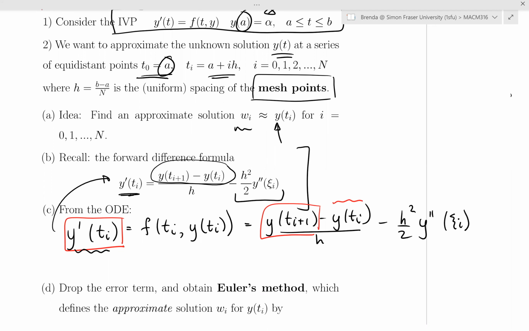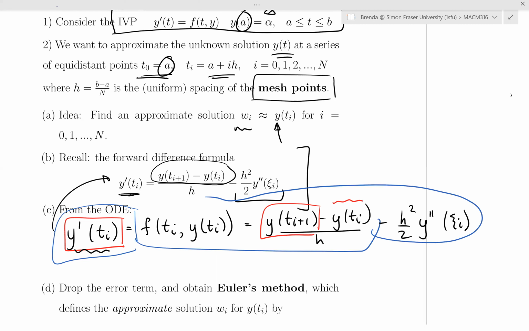So what I'm doing now is solving this equation right here for this.